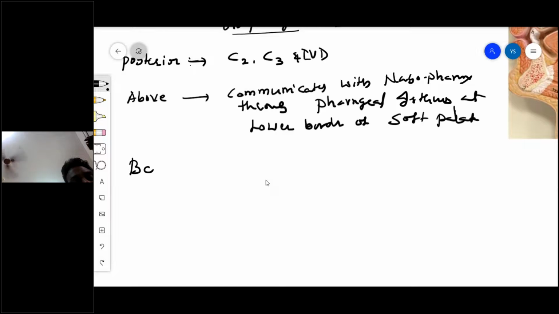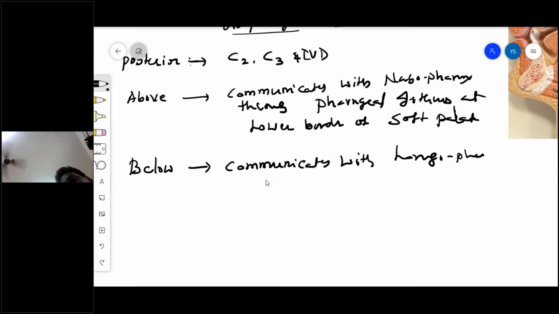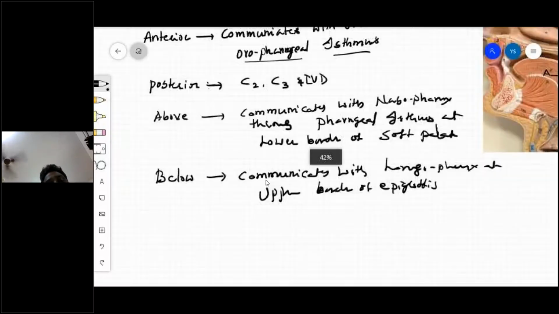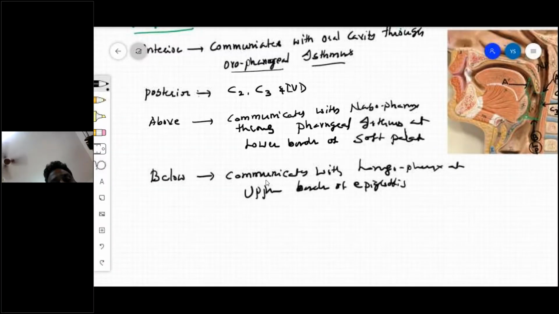And below, it communicates with the laryngopharynx at the upper border of the epiglottis.